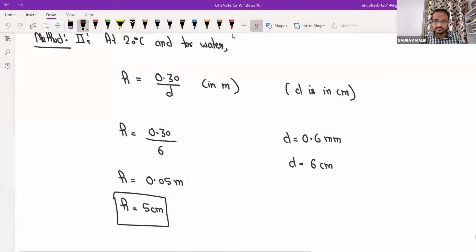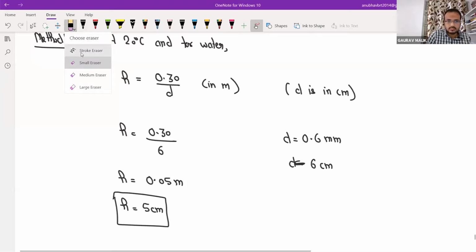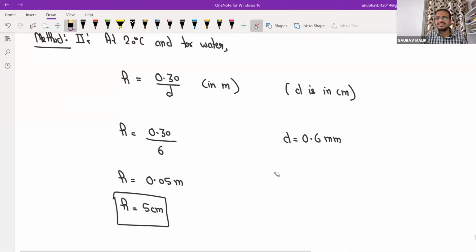Is it clear? Just a minute, I did it by mistake. Because 1 millimeter is equal to 0.1 centimeter.